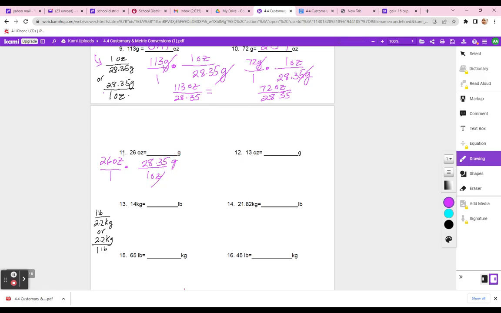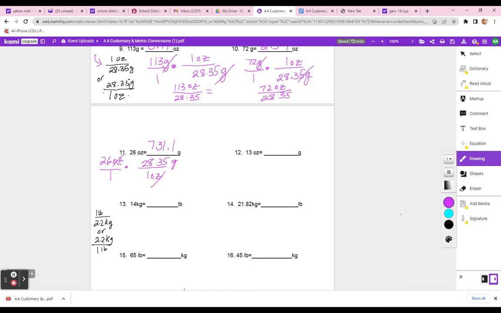So the ounces divide out, and you're going to multiply. So you're going to multiply 26 times 28.35, and you're going to get approximately 731.1 grams.